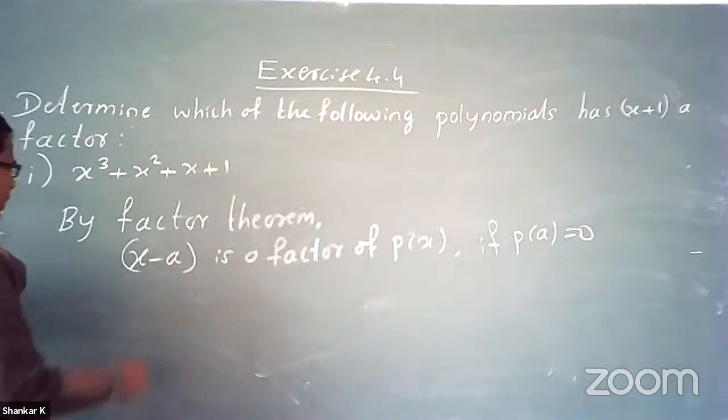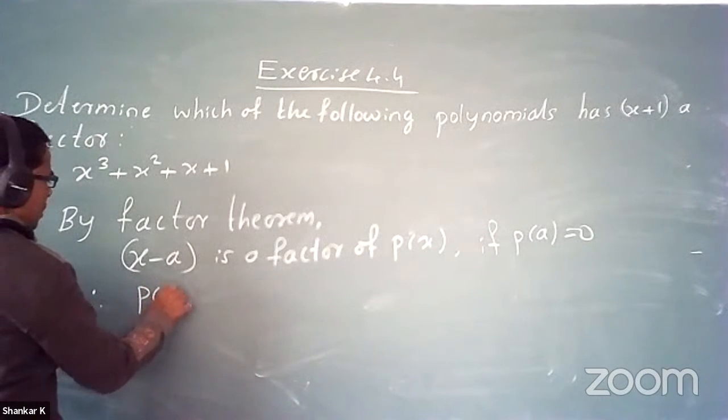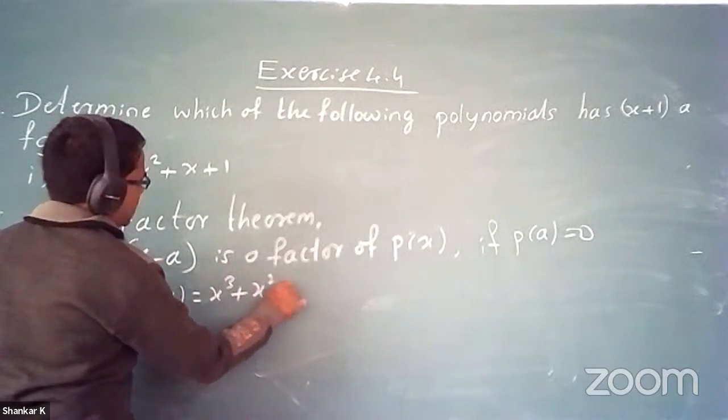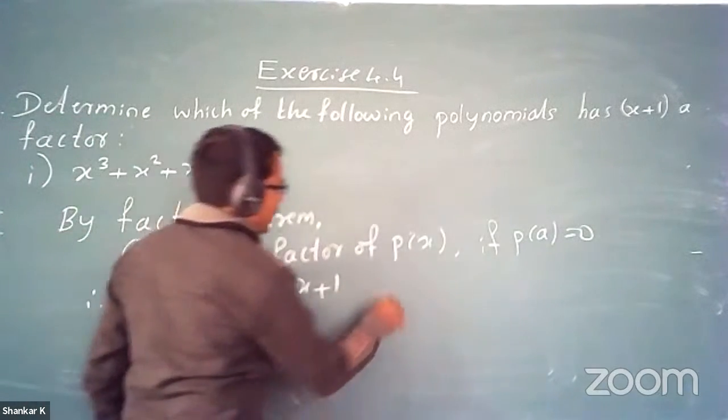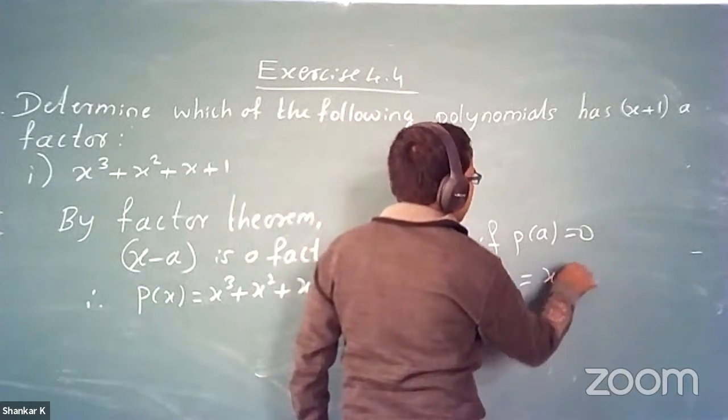Now we can calculate p of a here. Therefore, here p of x is given, it is x cube plus x square plus x plus 1, and x minus a is given as x plus 1.